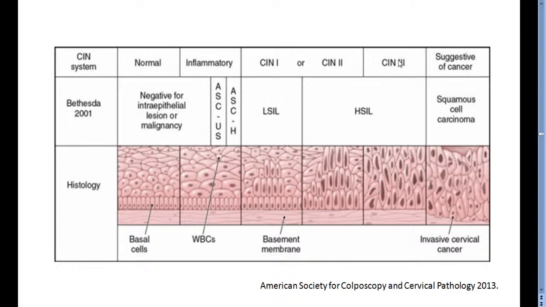This is CIN3 or high-grade intraepithelial lesion. So this is according to the Bethesda system. But when invasion starts, when the basal membrane is lost or intruded by the cells, we call it invasive cervical cancer. I think it's clear.